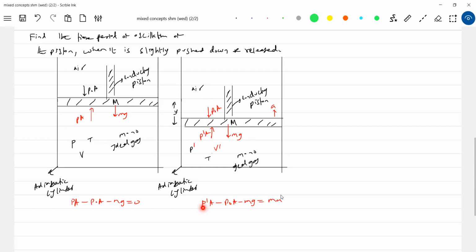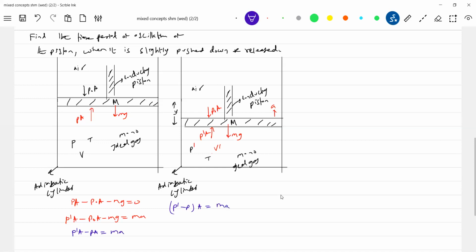So P dash A minus P naught A minus mg equals ma. Now, what is P naught A plus mg? You can write it here. So (P dash minus P) into A equals ma. What is P dash minus P? It will be dP, the change in pressure.